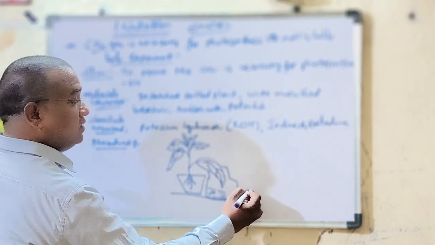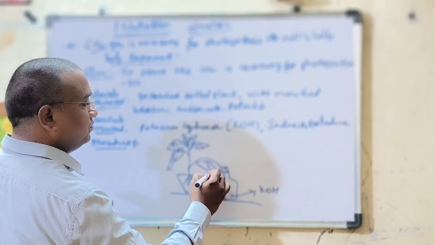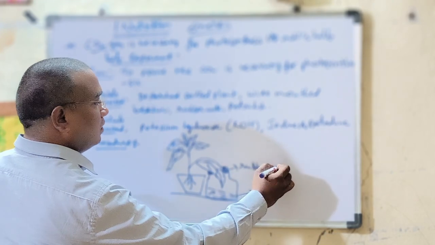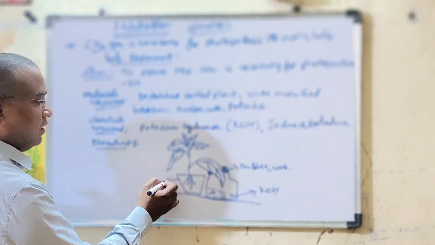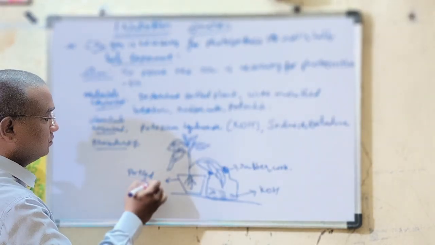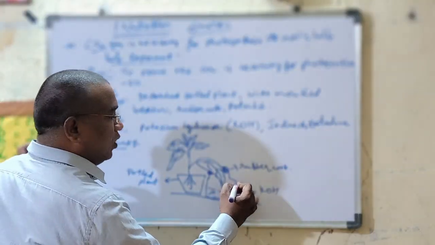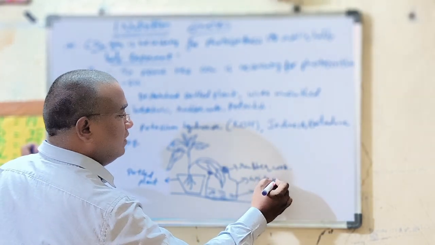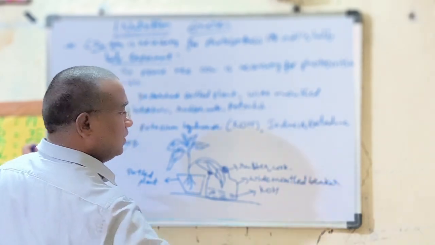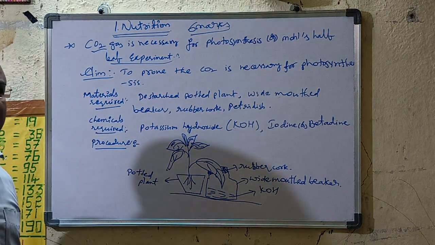This is the KOH, potassium hydroxide, the rubber cork, the potted plant, and the wide mouthed beaker. So first of all, take one destarched potted plant.